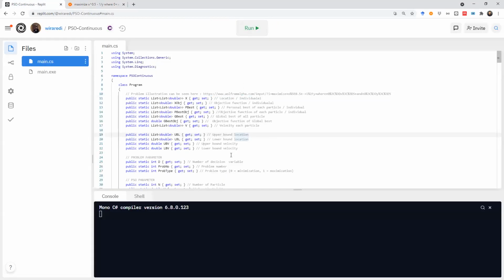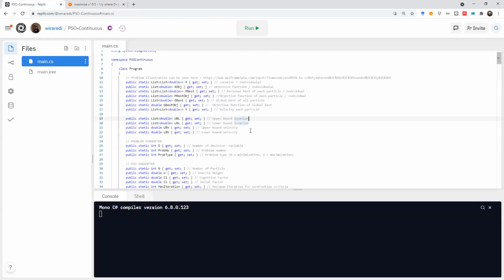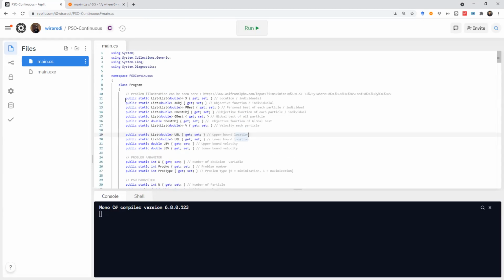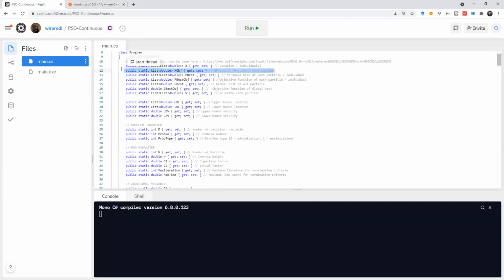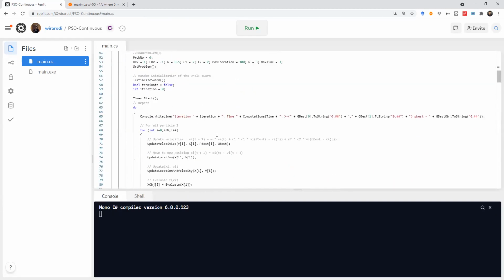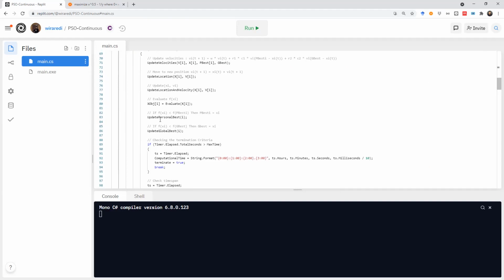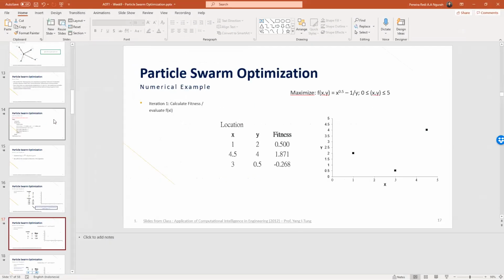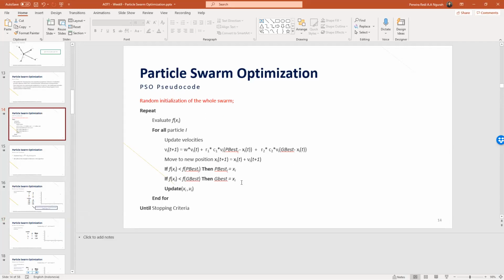If you can see here, it's basically similar to the way I coded previously. I have the variables to define the decision variables, and then we have the objective function here. All the code here basically follows the algorithm, the pseudocode that I implemented.